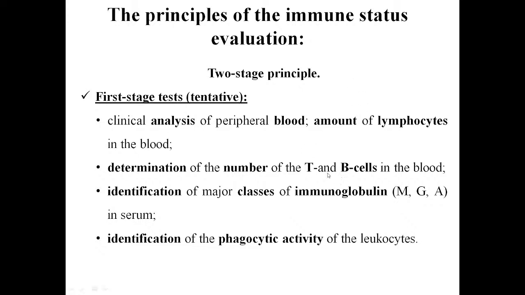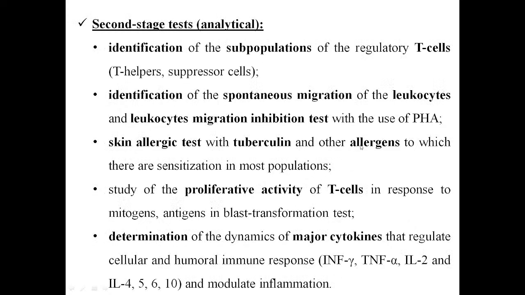So this one is determination of number of T and B cells. If there is any deficiency, if there is any disorder, if some parameters are decreased or increased, we should make second stage tests. What are second stage tests?